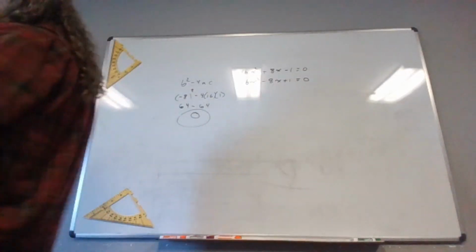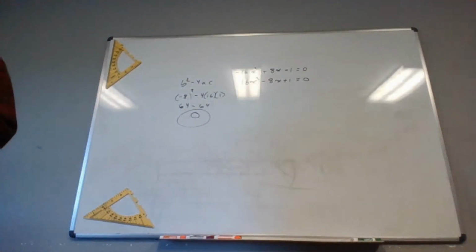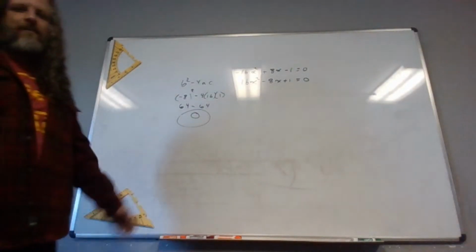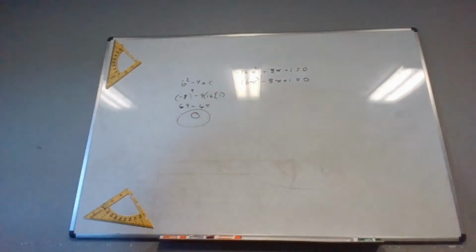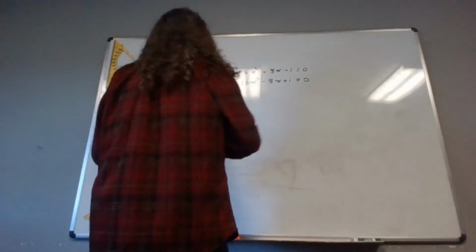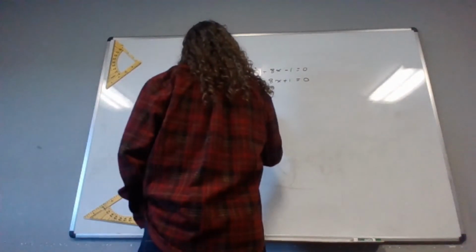Now it says, describe the number and type of roots. So because the discriminant is 0, how many roots are there? One rational. One rational. It's 0.